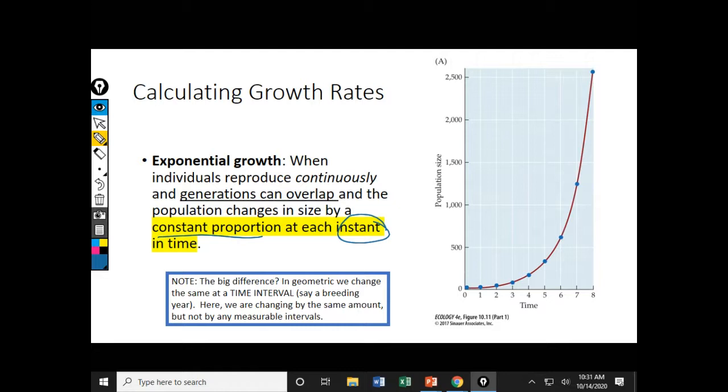This situation, our exponential growth, has very specific generational overlap. This is much more unusual, but these are organisms that pretty much breed year-round. So humans, we don't all get together and decide, everybody have babies in August.